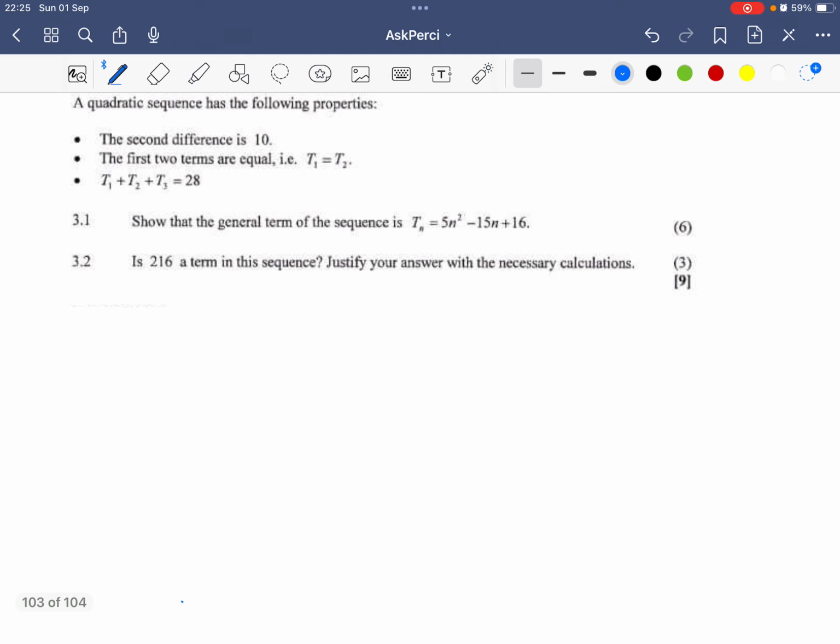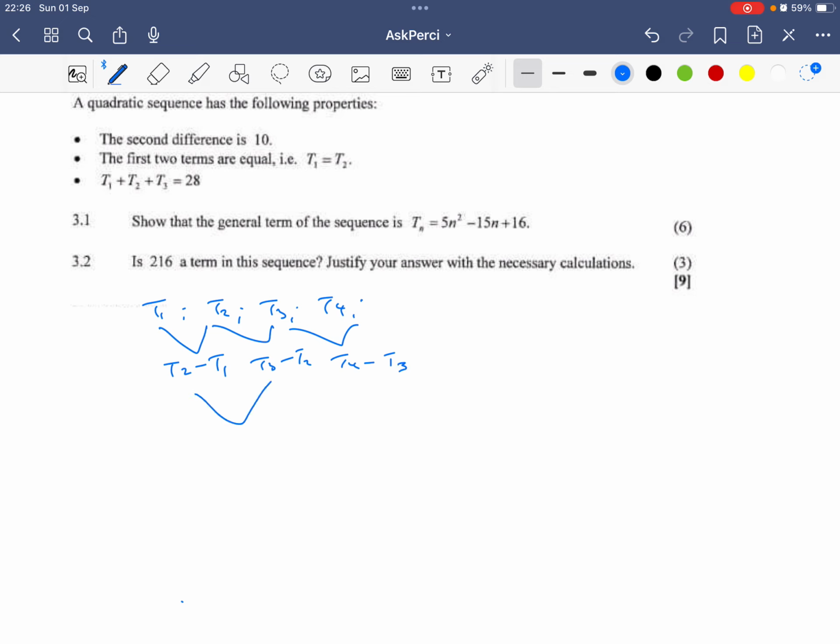So what we need to remember is this. If you have T1, T2, T3, T4, and you are told this is a quadratic sequence, you have what you call the first difference. The first difference is just T2 minus T1. Then T3 minus T2, T4 minus T3.